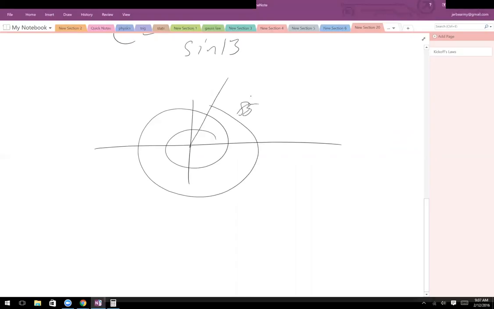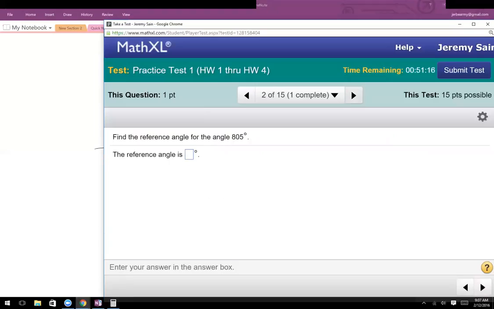And remember, the reference angle is the angle between it and the x-axis. So in this particular one, that's the exact same thing. So the angle between it and the x-axis is still just 85 degrees.